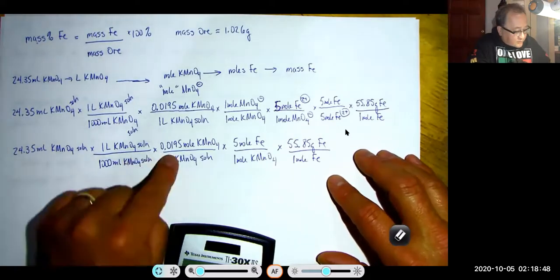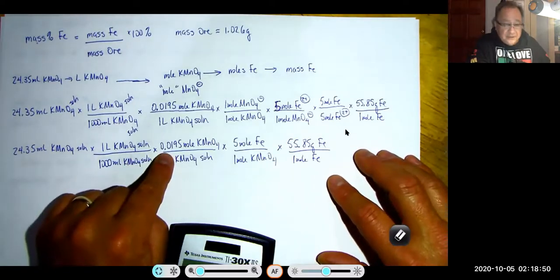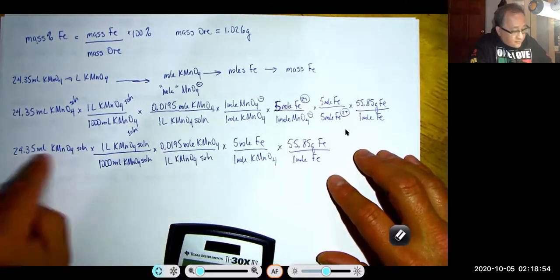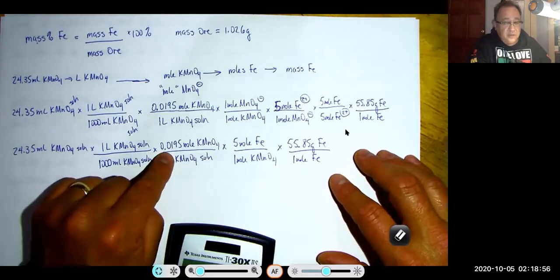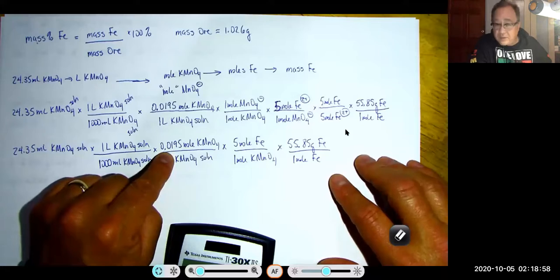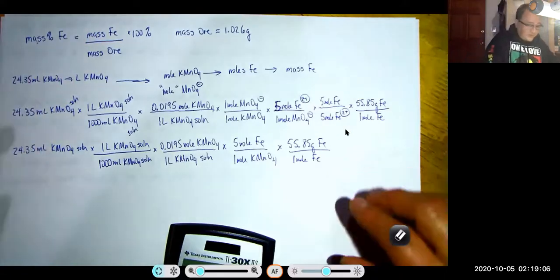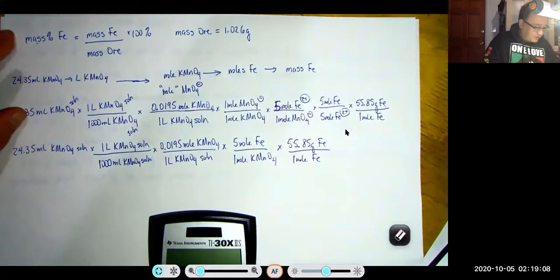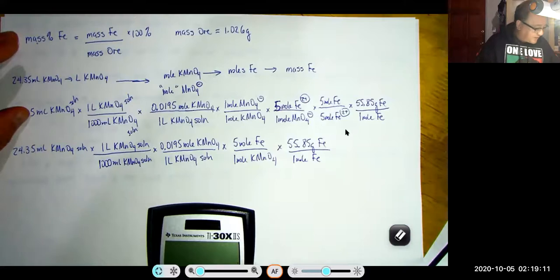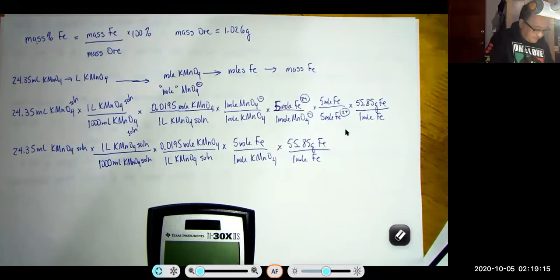And 6 times 0.1 would be 0.6. And actually this is 0.02. So 6 times 0.02 is going to be 0.012. So we expect the answer to be around 0.012 if I've estimated correctly. Okay, so let's give it a try.